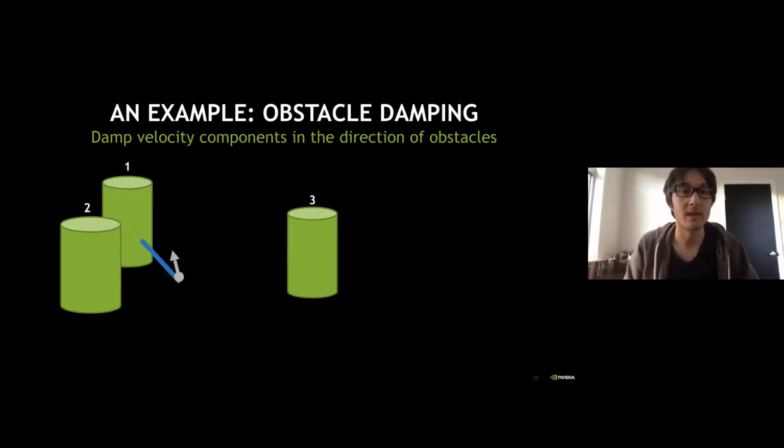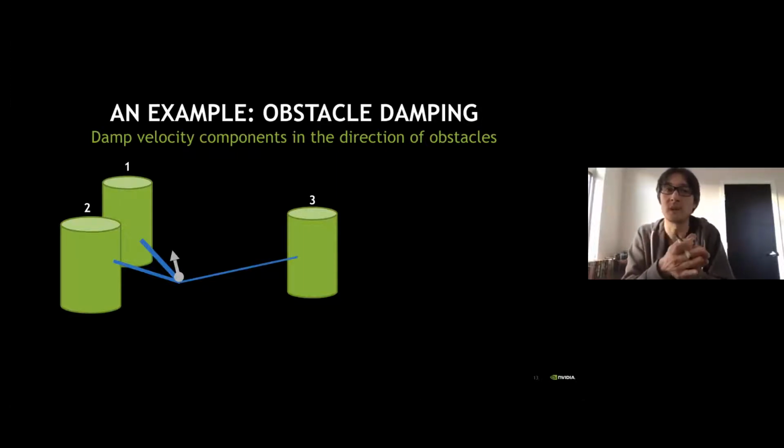We look at both obstacles that are near to us and obstacles that correlate with the direction of motion. So number one here is both close and the robot's moving toward it. Whereas number two is also close, but the robot's more orthogonal to that direction. And number three is both far away and orthogonal to the direction of motion. So number one really makes the difference.